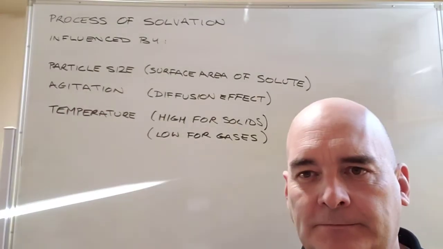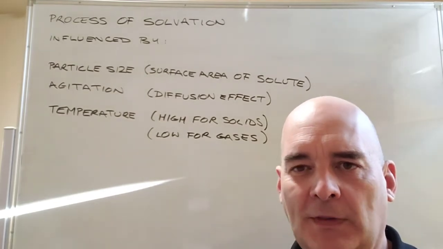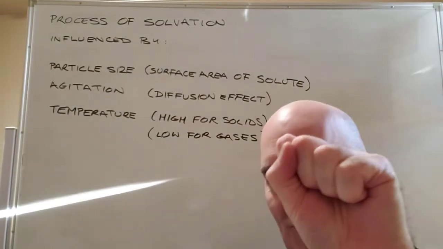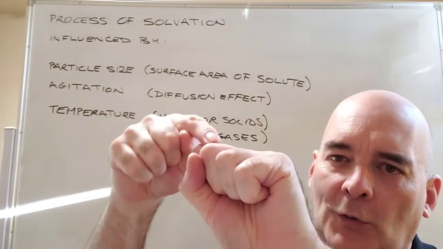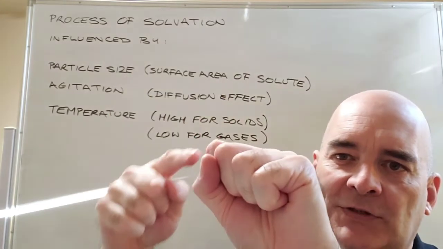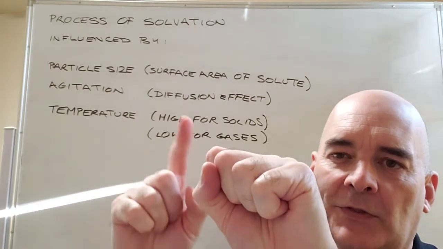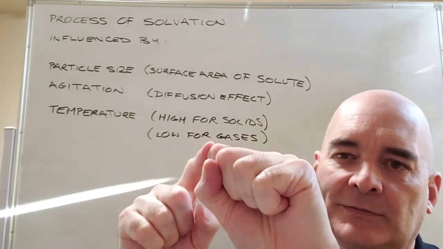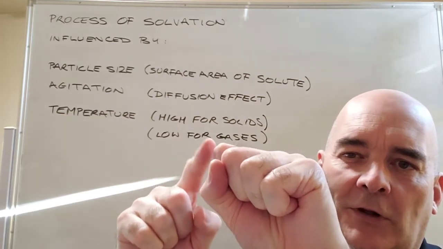Agitation. If I have a beaker of water with a lump of salt in it, again, the water can only dissolve where the liquid interacts with the solid. Let's pretend this is salt, and it dissolves the salt.